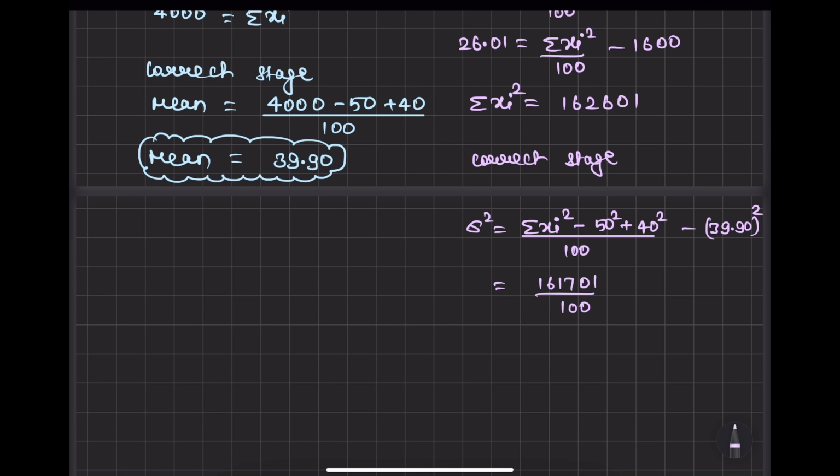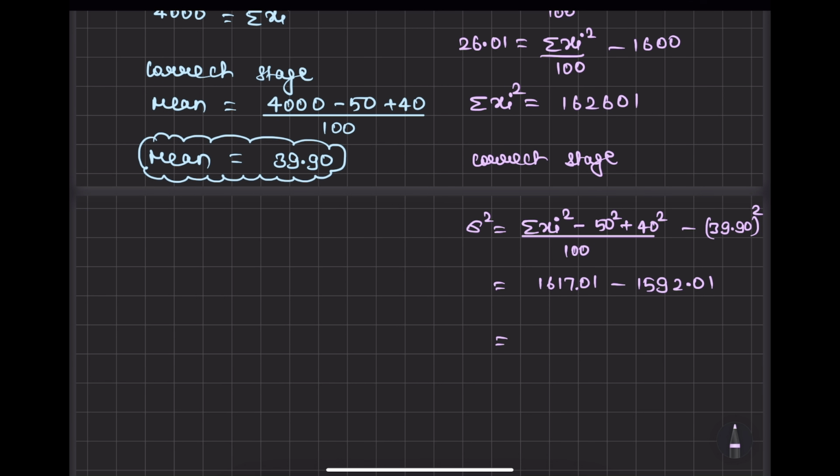Instead of writing 100, just put the decimal. And the square of 39.90, that thing you have to do manually. So please do it. I have already done this thing. It is 1592.01, we cannot simplify. You will invest time into it. You have no way out.